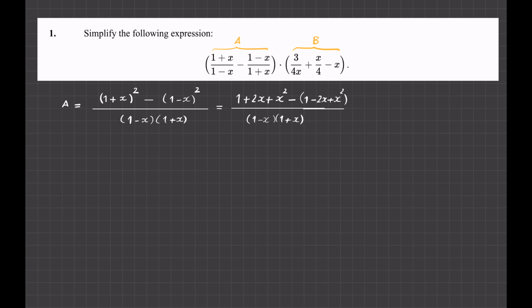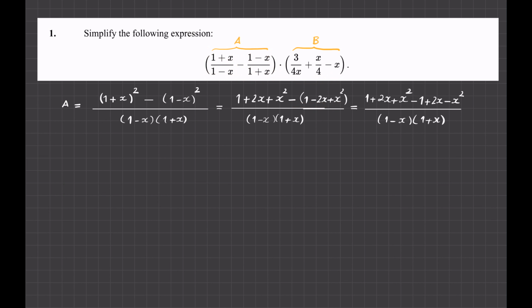Now what happens? I open up this pair of brackets, the second one, so I would write 1 plus 2x plus x squared, but then you know that this minus sign here will go for this one, and this one. So the first term becomes minus 1, the second term becomes plus 2x, and the last term becomes minus x squared. Then everything is divided by the denominator, 1 minus x, 1 plus x.